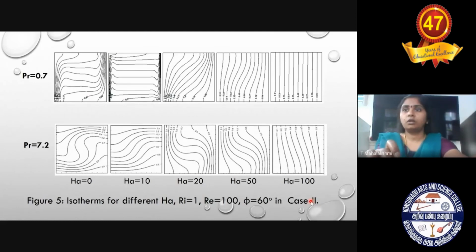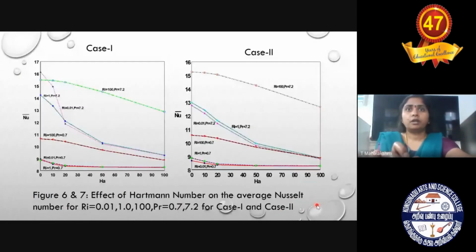Second one, these isotherms graphs represent the effect of magnetic field for case 2, vertical wall movement, for 2 different fluids. So finally we are seeing the heat transfer rate graphs, Nusselt number graphs, for the horizontal wall movement and for the vertical wall movement.